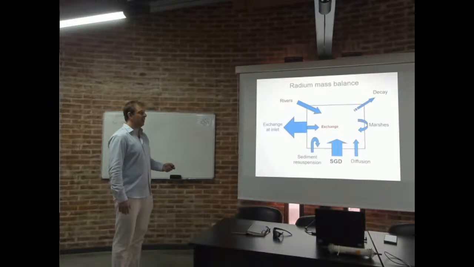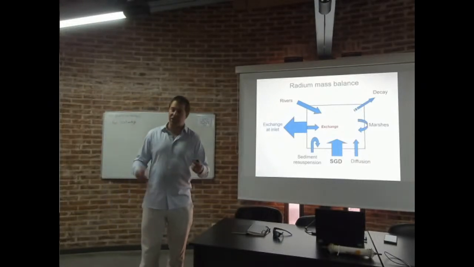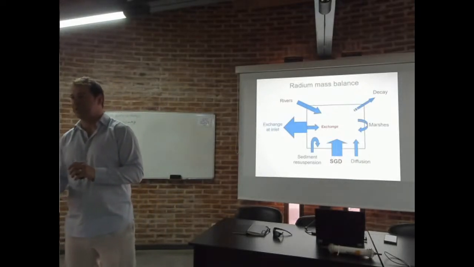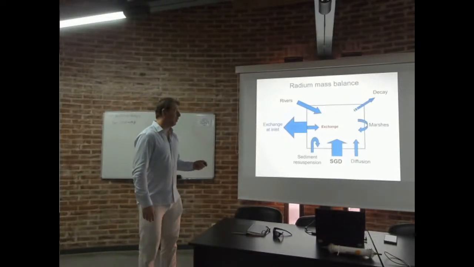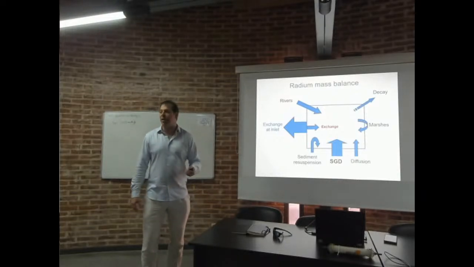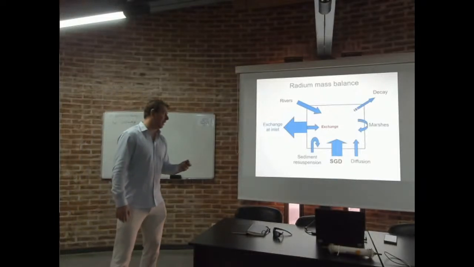You have the decay of radium, the radioactive decay. Especially those short-lived isotopes, especially 224, which only has a 3.6 day half-life, we will lose a lot of radium to decay in a typical lagoon, a typical bay.